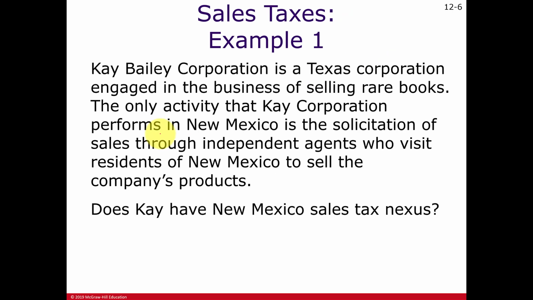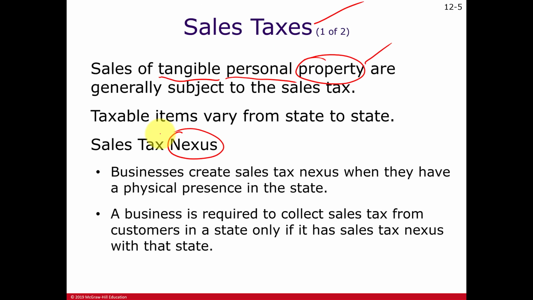So let's take a look at, well, let's go back and look at one detailed rule. Here it says businesses create sales tax nexus when they have a physical presence. Physical presence means that you have something in that other state. Could be a person, could be property, and that makes it now connected to your business, to your entity.